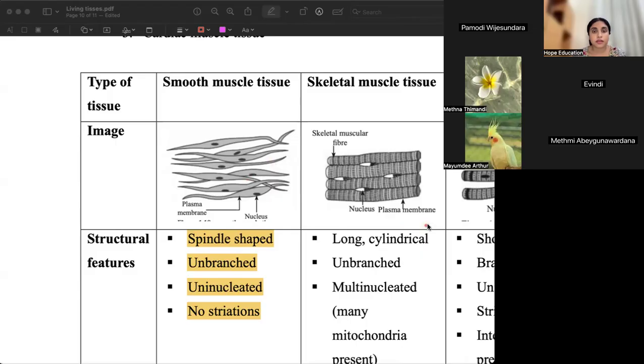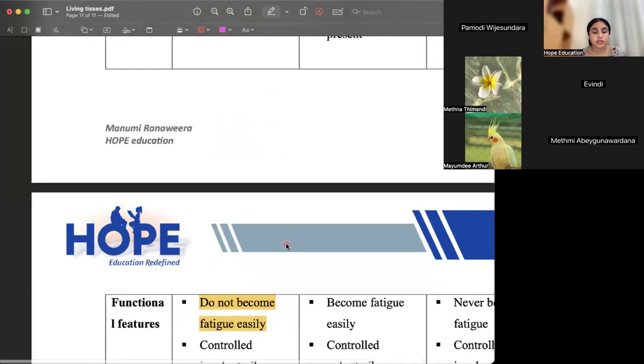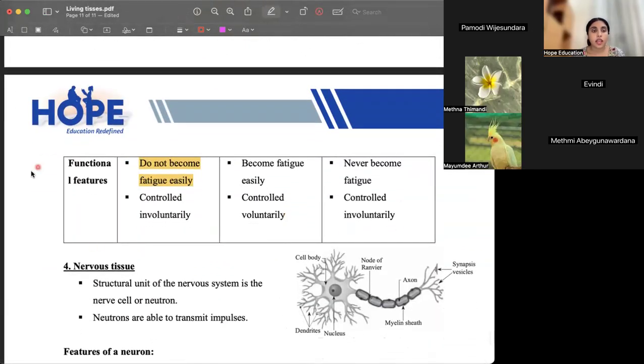Locations are not given here. If you all have space, can you please put the locations? I haven't put the locations in this note.